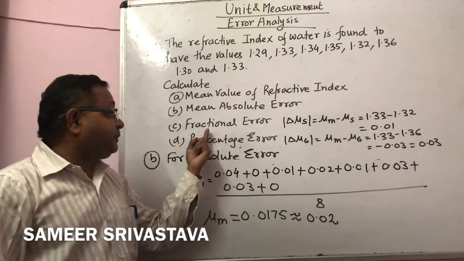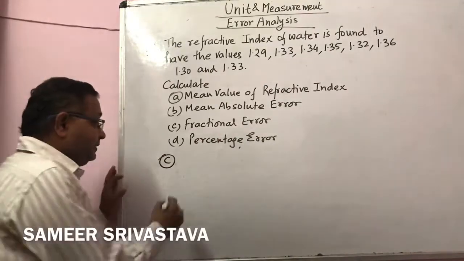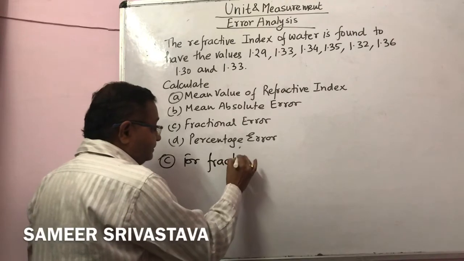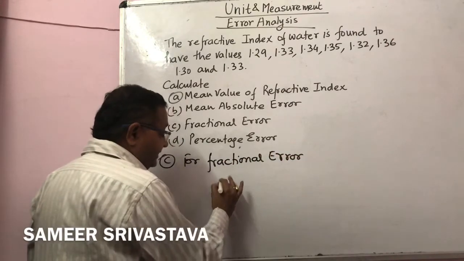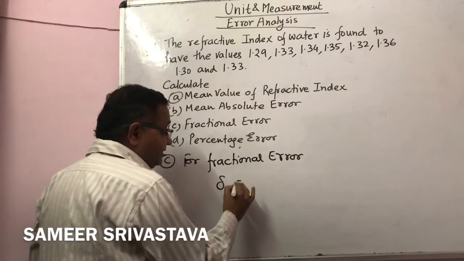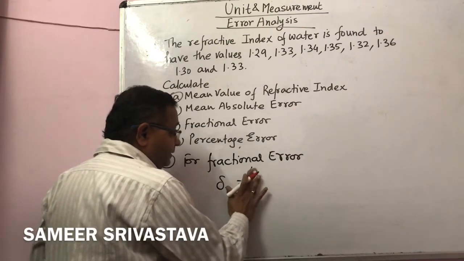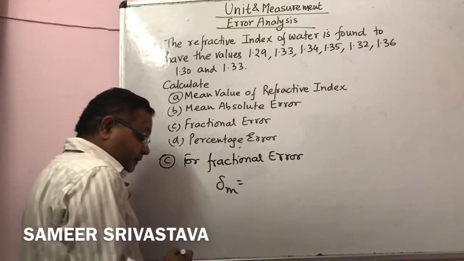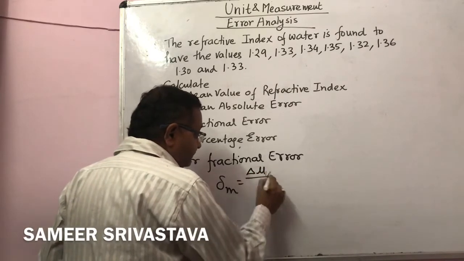Okay. Now the third part, fractional error and percentage error. For the fractional error, we have the formula, delta mu upon mu m.